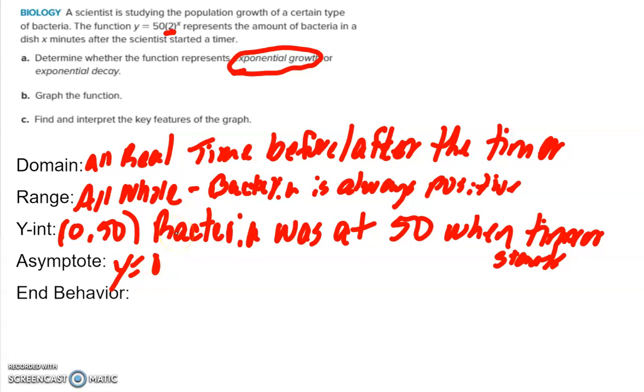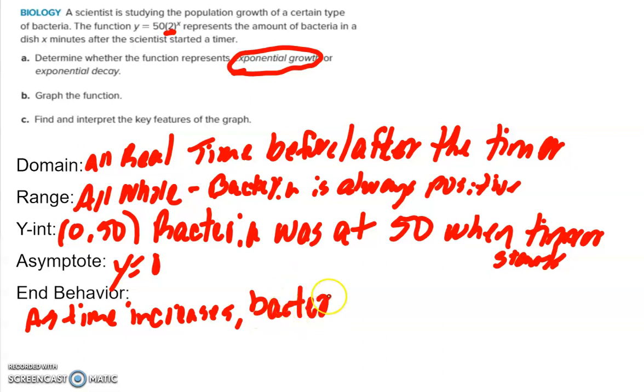You can't have a bacteria ending up with a population of 0. And then the end behavior for this would be: as time increases, bacteria increases.